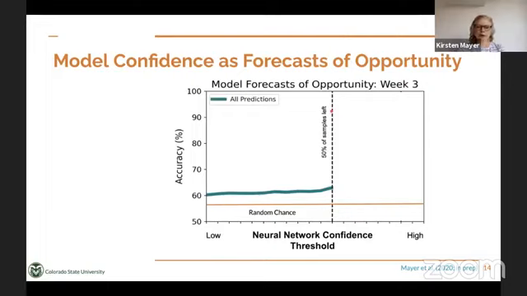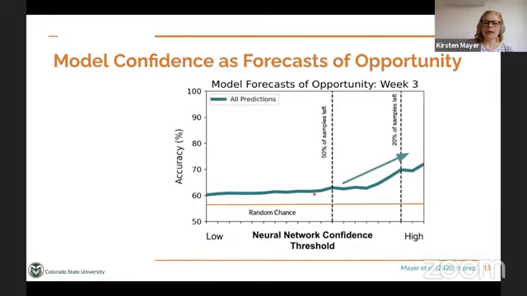So how can we use model confidence as a forecast of opportunity? Well, if we start looking at neural network confidence thresholds, we can compare the accuracies at different levels. For example, when the neural network confidence threshold is low, we can see that we have an accuracy around 60%. But as we increase this neural network confidence threshold, so as the model becomes more and more confident in its predictions, you can see the stark increase up to about 72% accuracy.